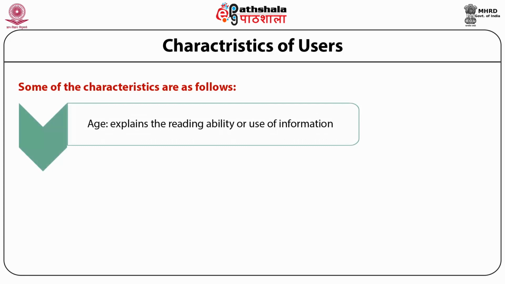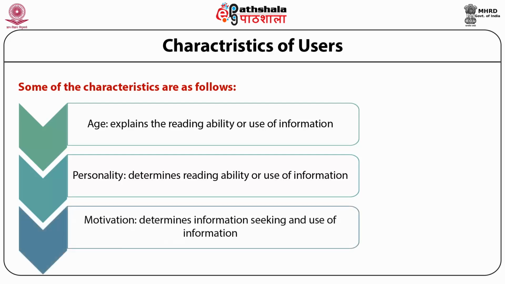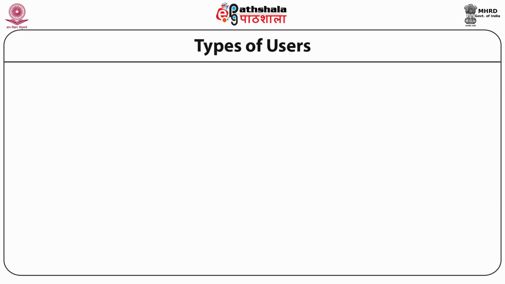Age explains the reading ability or use of information. Personality is another characteristic. It determines reading ability or use of information. Motivation is yet another characteristic, and it determines information seeking and use of information.